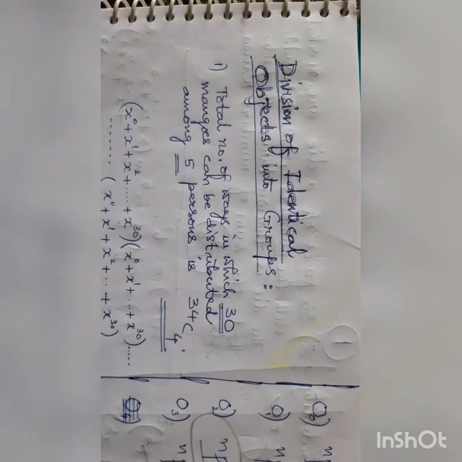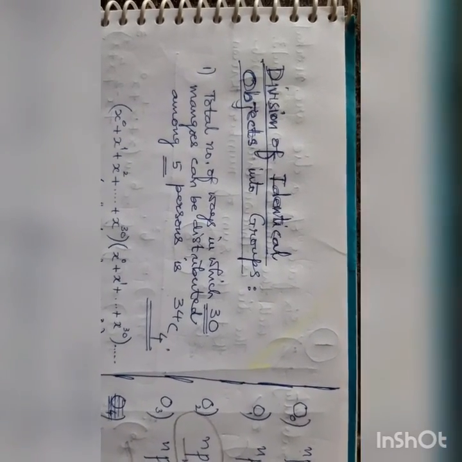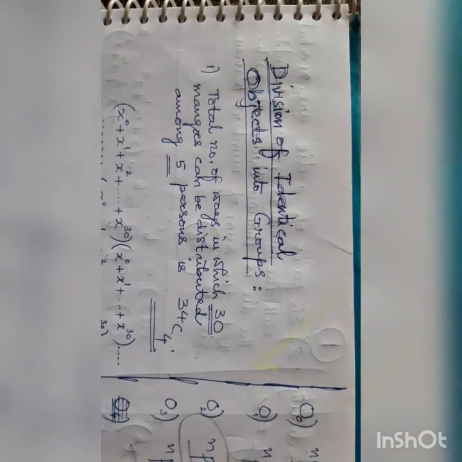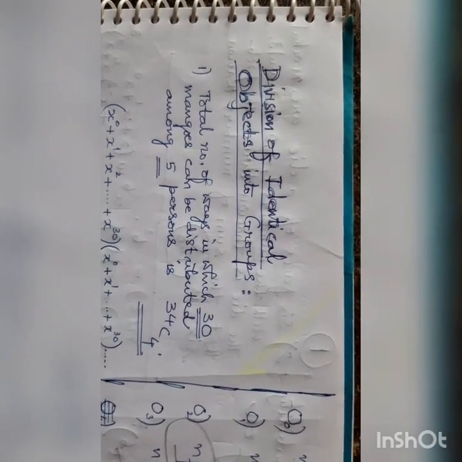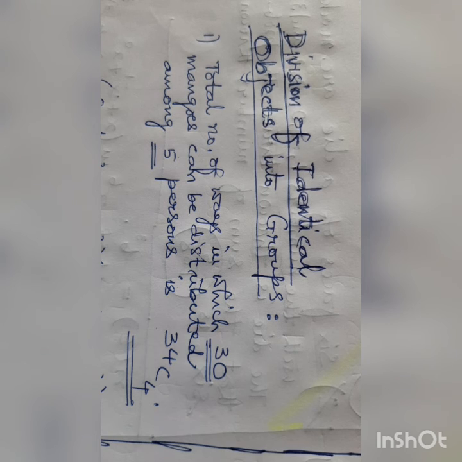No. Of course, sizes may be different and the type may be different, but we treat them as identical. 30 mangoes are in one basket. Please observe my question: how many ways can we distribute these 30 mangoes among 5 persons?